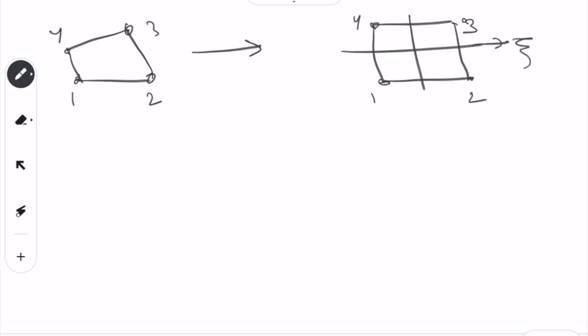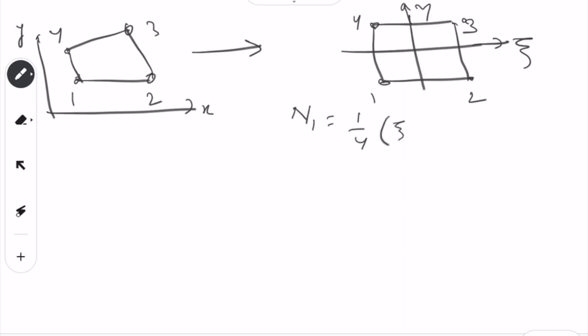We have the xi and eta system from the xy system. Accordingly, in this case our N1 will be, for example, 1 over 4, and then we have (xi minus 1)(eta minus 1).